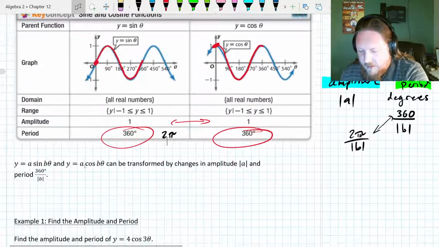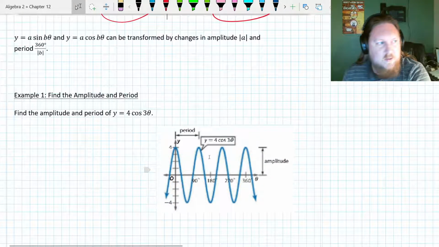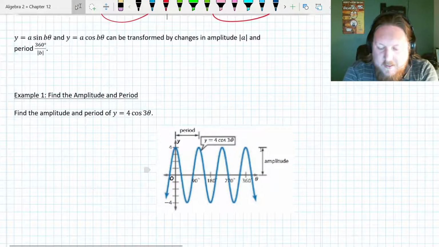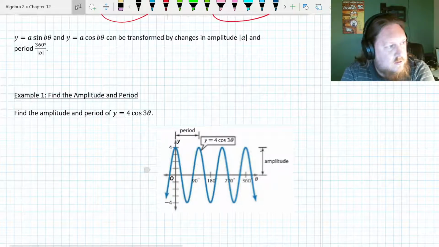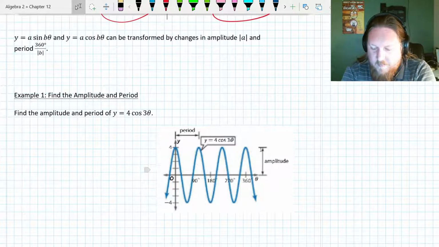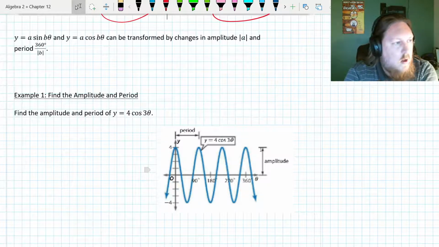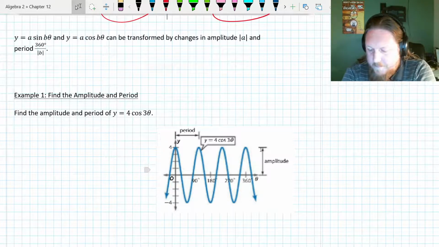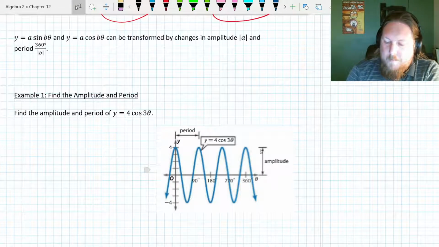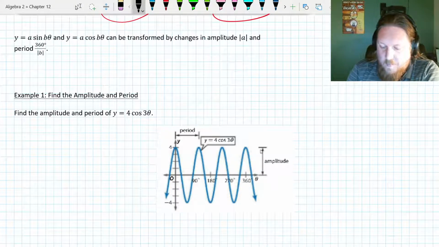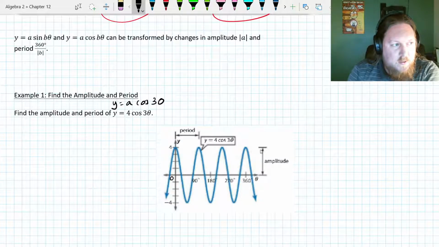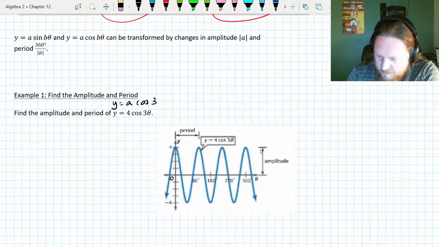Now let's go ahead and actually use this a little bit by describing the amplitude and period of this function. Our directions are to find the amplitude and period of y equals 4 cosine of 3 theta. I did sine before, but cosine's the same way. It's y equals the amplitude times the cosine of the thing that adjusts the period times the input.